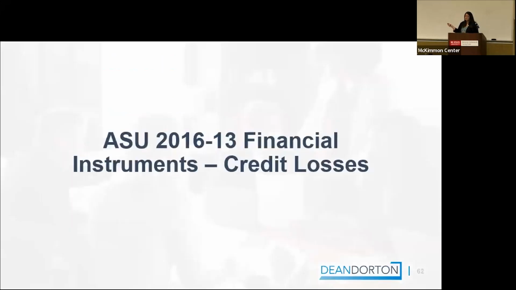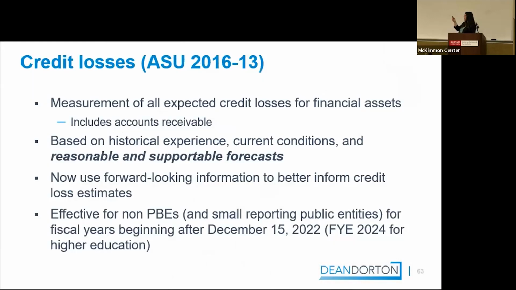I'm going to briefly touch on this ASU 2016-13. You might also hear it called CECL, current expected credit losses. And basically, based on historical experience, current conditions, and a key point here, reasonable and supportable forecasts, you're determining whether there's a probable cause of an expected loss on a financial asset.